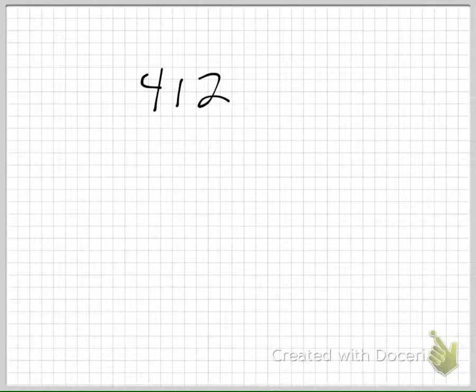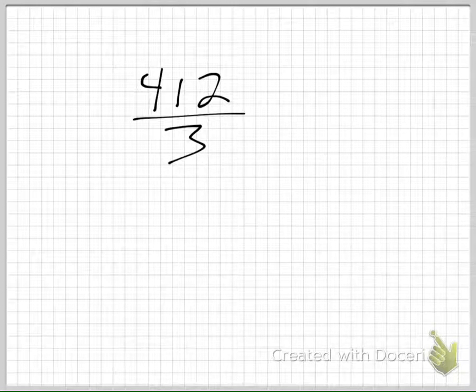Nope. Here's the deal. Whenever you come up with an answer and the number is a big, huge fraction, like 412 thirds, wouldn't it be nice if you could tell whether or not that divides evenly?